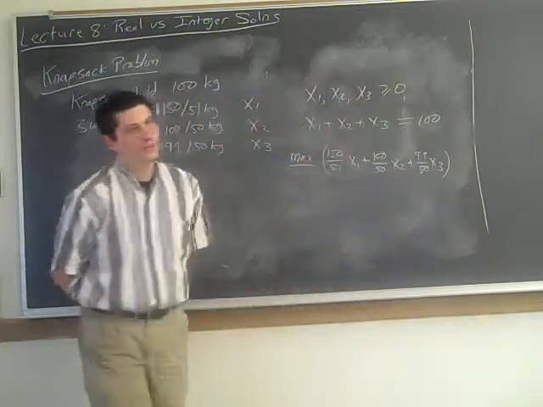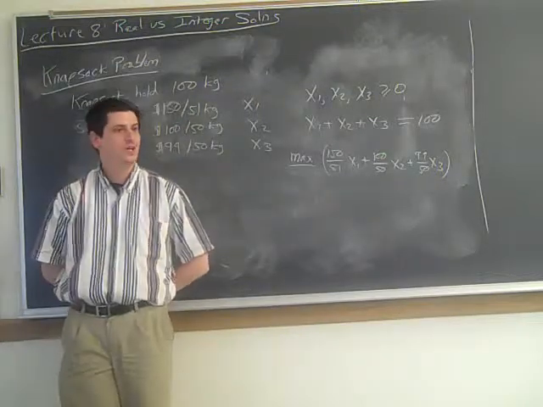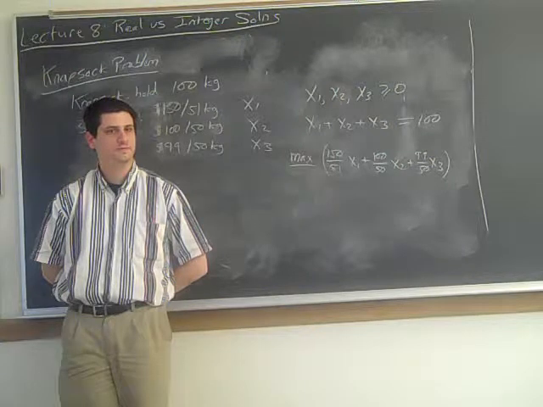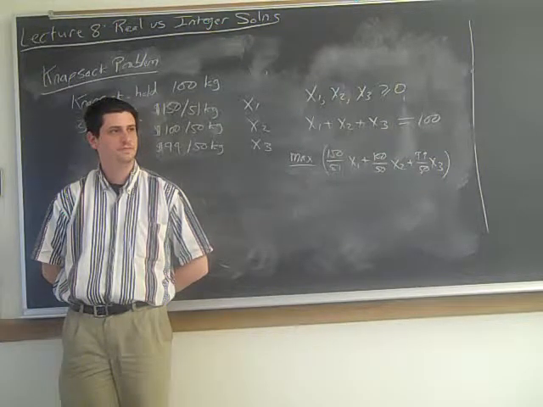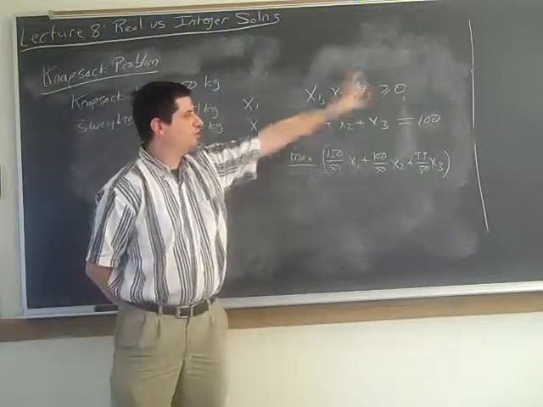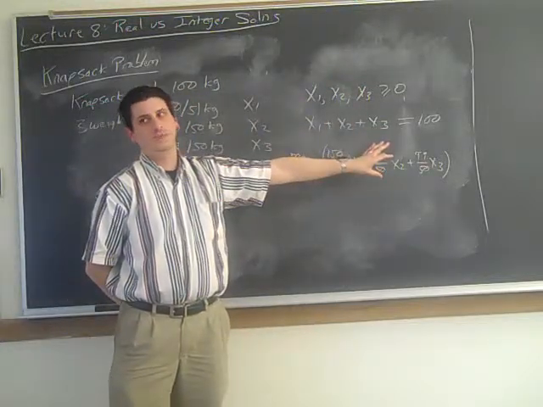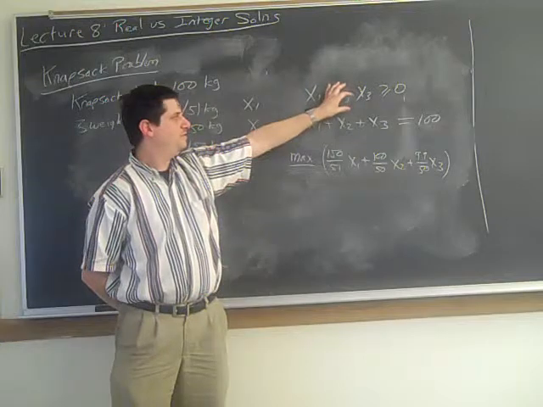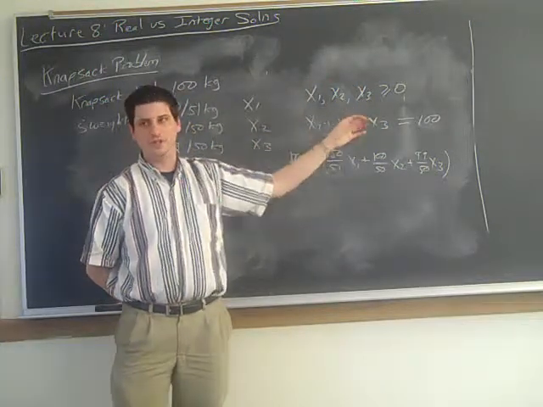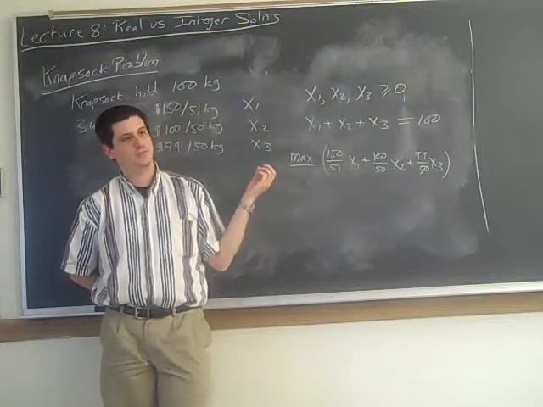Now, of course, the canonical linear programming problem, what are we supposed to be doing? Is this a canonical linear programming problem? We have non-negative real variables, we have our constraints involving equalities, and we're trying to maximize something.